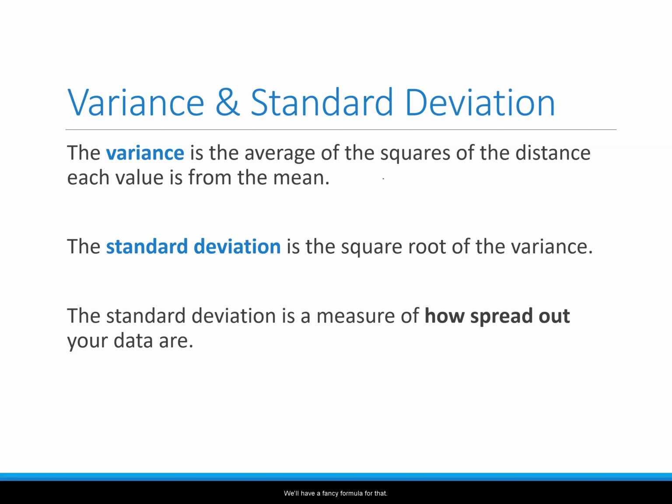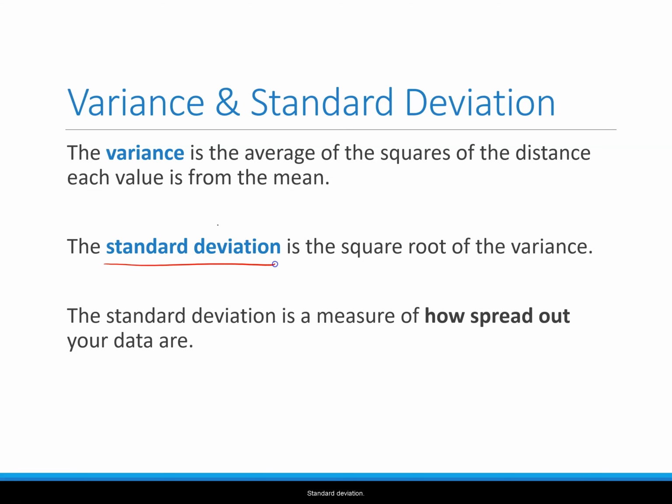We'll have a fancy formula for that, but we will more often than not default to using our spreadsheet programs in Excel or Google Sheets to calculate variance and standard deviation, because they are messy calculations by hand. It is more important that you know how to calculate them using technology and being able to interpret what that number means, as opposed to going through the arithmetic that can become very tedious.